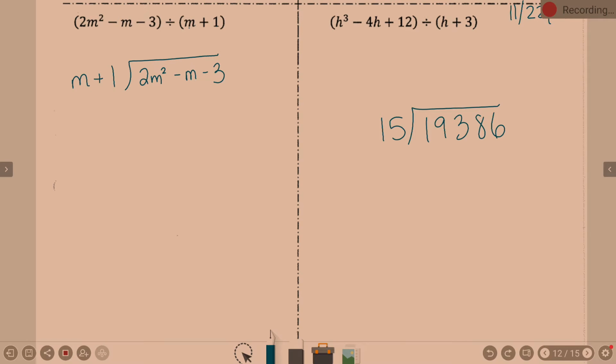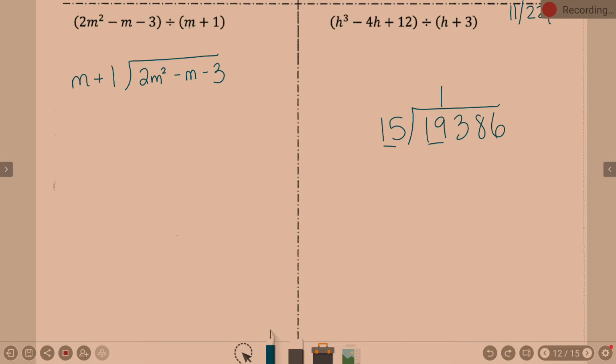Do you remember 15 has two digits, right? So we're trying to divide into two digits. How many times does 15 go into 19? Once. Where do I put that 1? Since we're going into the first two digits, we're going to put it above the 9.